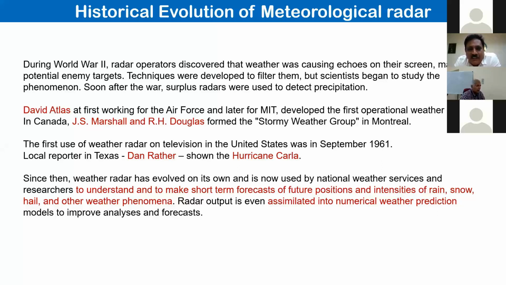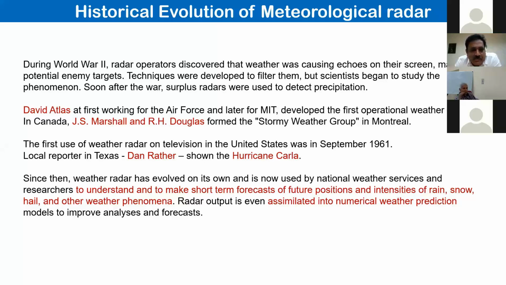But later the scientists used these radars to detect the precipitation. After the World War, these radars were donated to scientists, meteorologists, as Sri Raghavan used to tell. They took these radars and started using them for studying the precipitation.